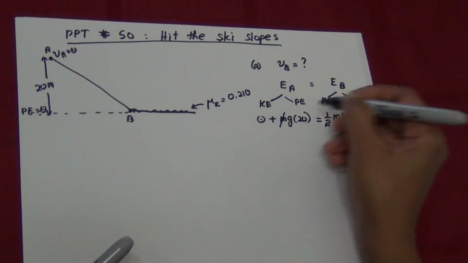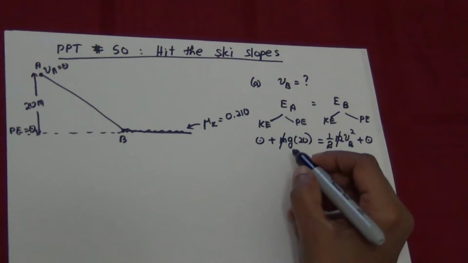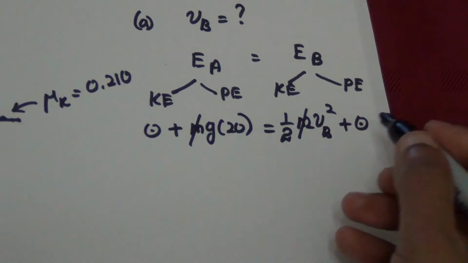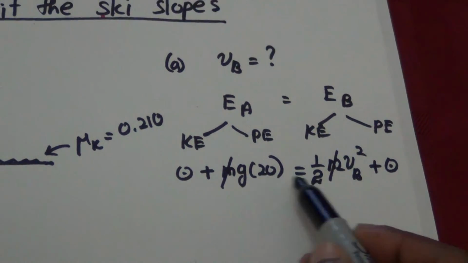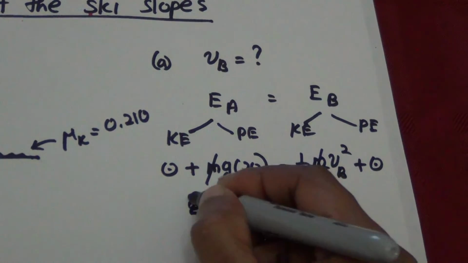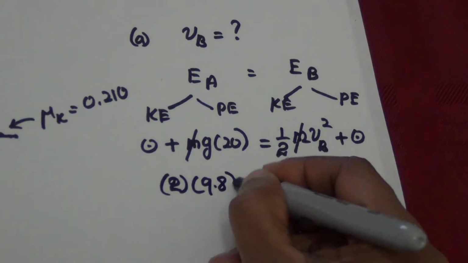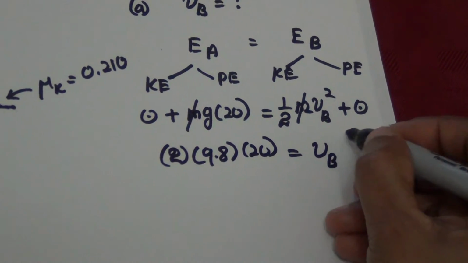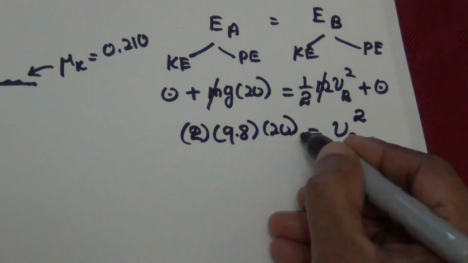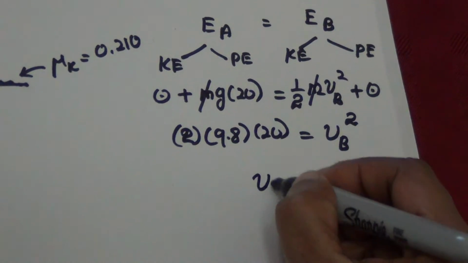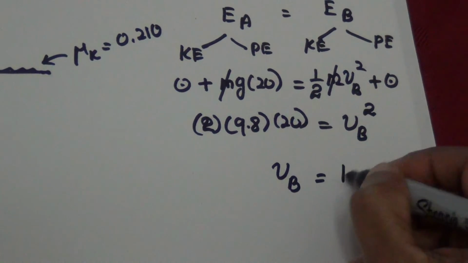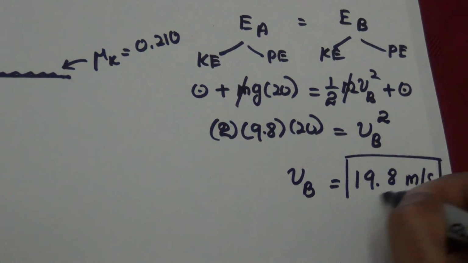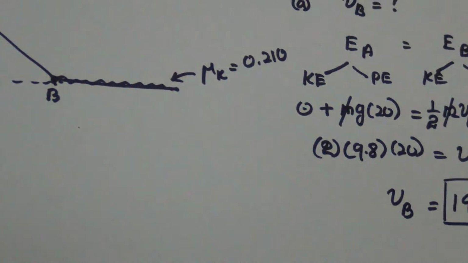So now I can cancel this. Now I can plug these values, so if I multiply by 2 both sides and plug the value for g, this is going to be your VB squared. So you can multiply this and find the square root. You will get 19.8 meters per second. So that's the velocity here.